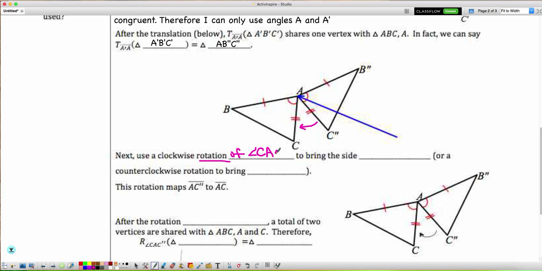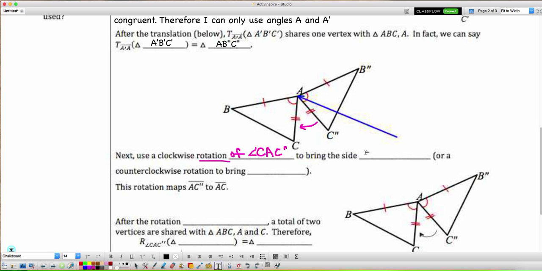double prime. And if I do that rotation, I'm going to end up closing this gap, or I'll close that angle. So it'll bring the side AC double prime to the side AC.